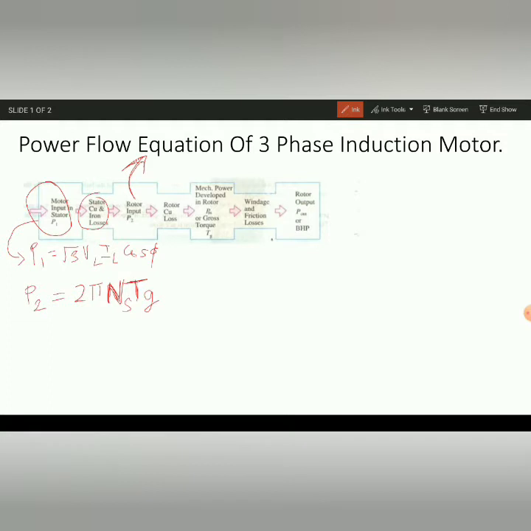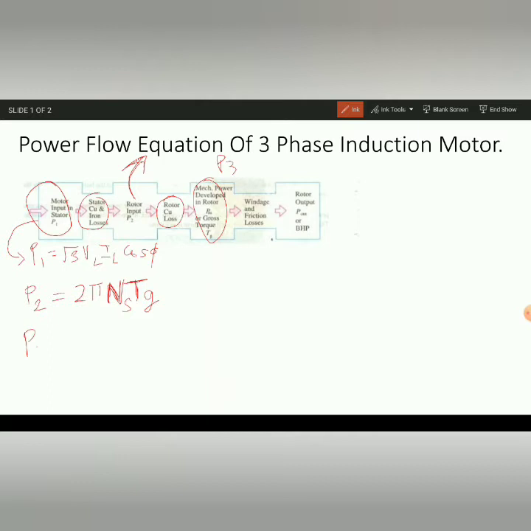Then the rotor loss happens. After the rotor loss, the rotor starts to rotate. Now again you get power, that is P3, the mechanical power. So here also we can write the power in terms of mechanical power.